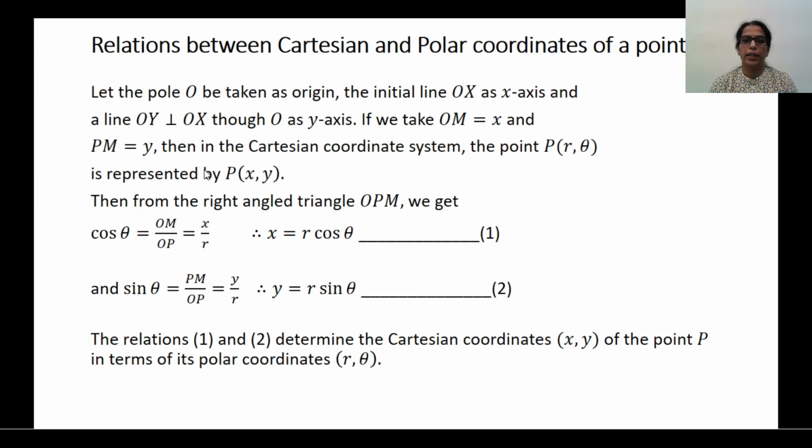Now we shall know the relation between Cartesian and polar coordinates of a point. Let the pole O be taken as origin, the initial line OX as x-axis, and a line OY perpendicular to OX through O as y-axis. Let OM equal x and PM equal y.